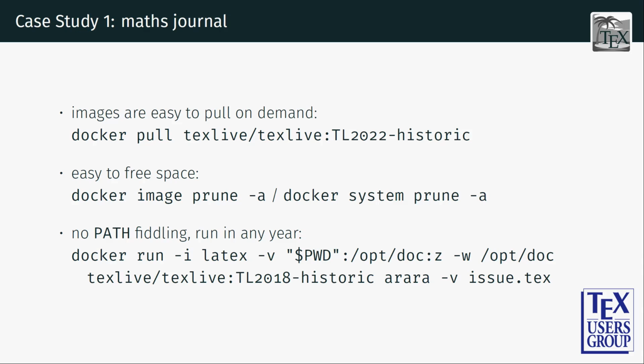Furthermore, you can describe all of that on one A4 page, which is not that easy to do if you want to describe a TeX Live installation per se, because this is platform independent. So regardless of whether you use Windows, Linux, or Mac, you can use these Docker commands, after you install Docker, of course, which you cannot do with a usual TeX Live installation.